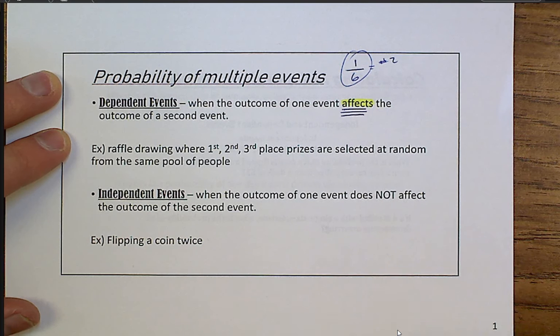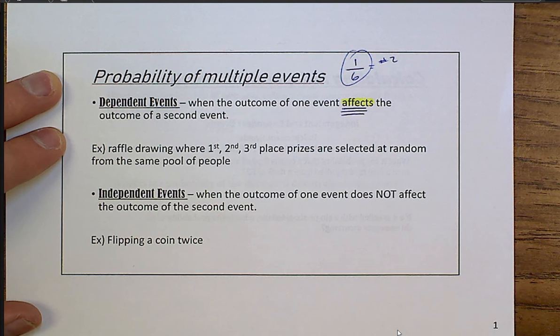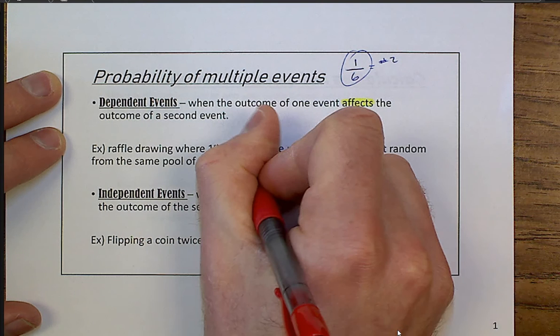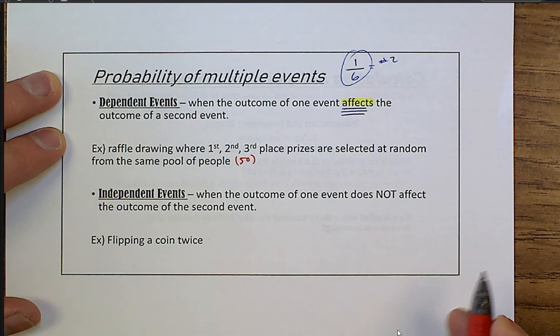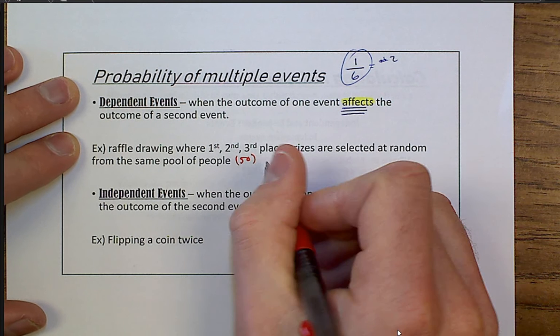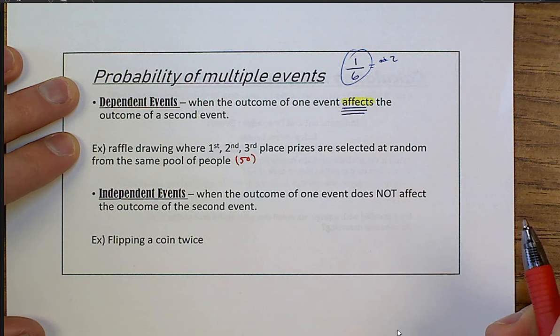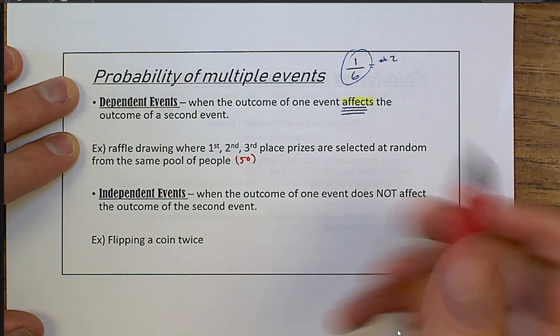Here's an example. A raffle drawing where first, second, and third place prizes are selected at random from the same pool of people. Let's say we have 50 people in this pool, so first, second, third place. Let's go backwards, third place first. The chance of you winning the third place prize would be 1 in 50.